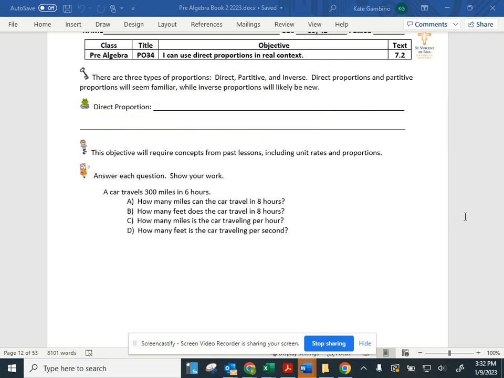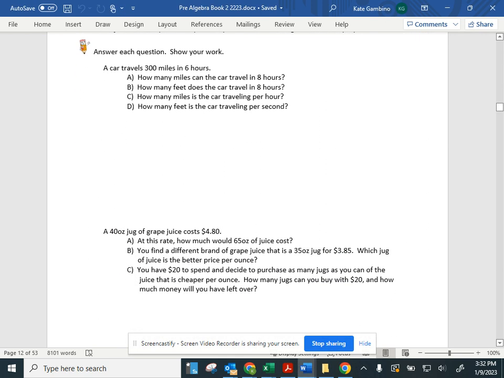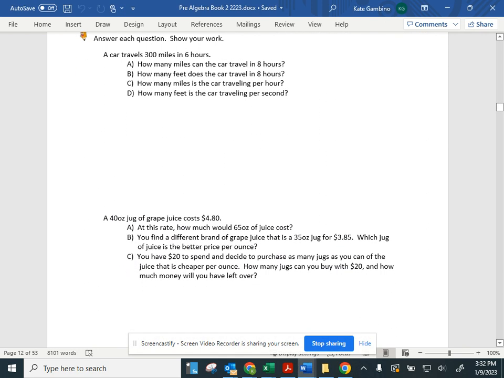So let's scroll up. Our first question says a car travels 300 miles in 6 hours. So I'm going to put that as a ratio. 300 miles in 6 hours. So for A, we need to find out how many miles the car can travel in 8 hours.